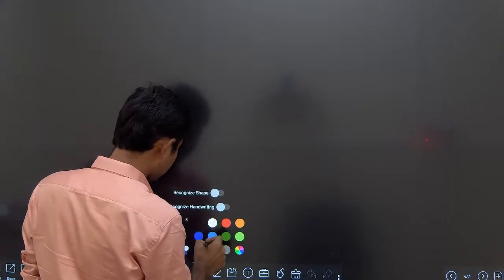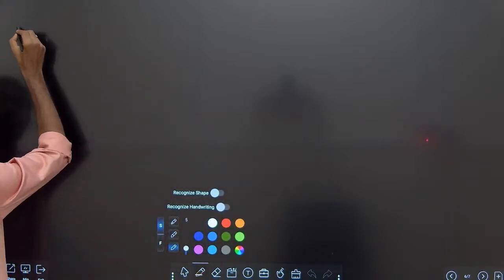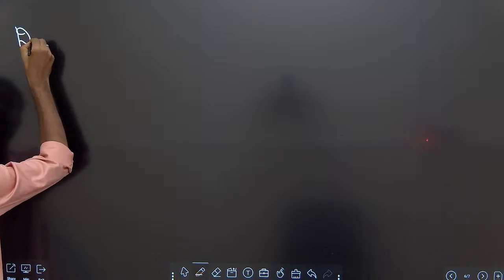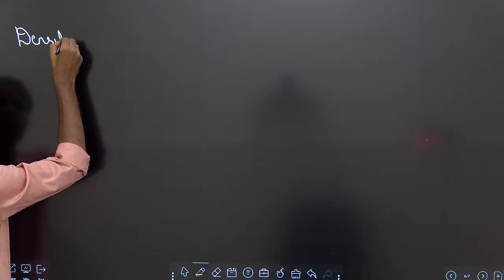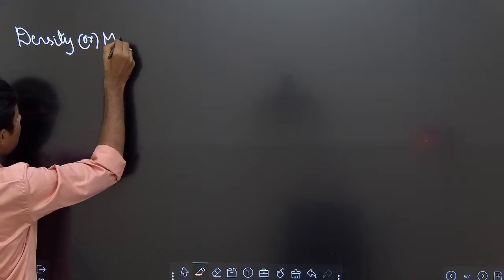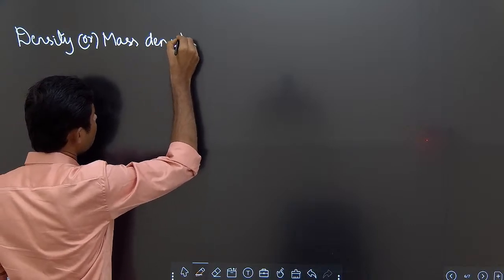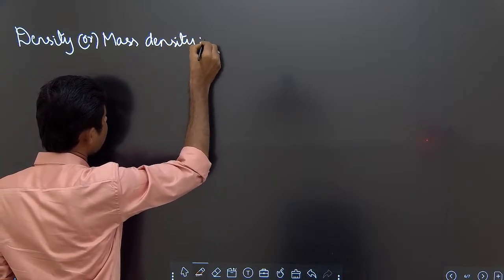Right. Now we will discuss the properties of the fluid. The first property is density, or mass density.